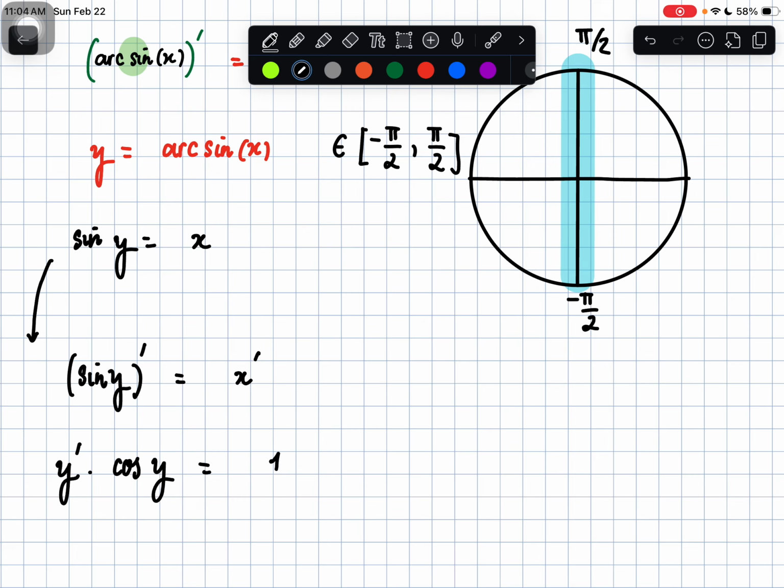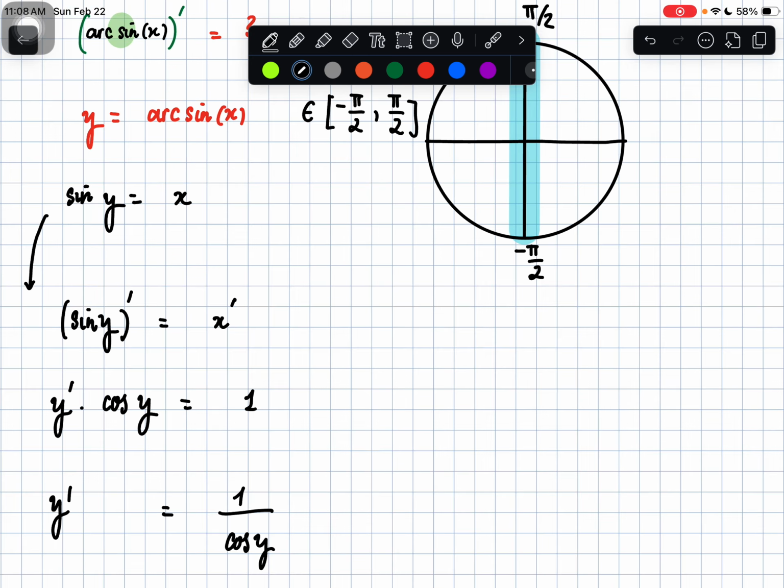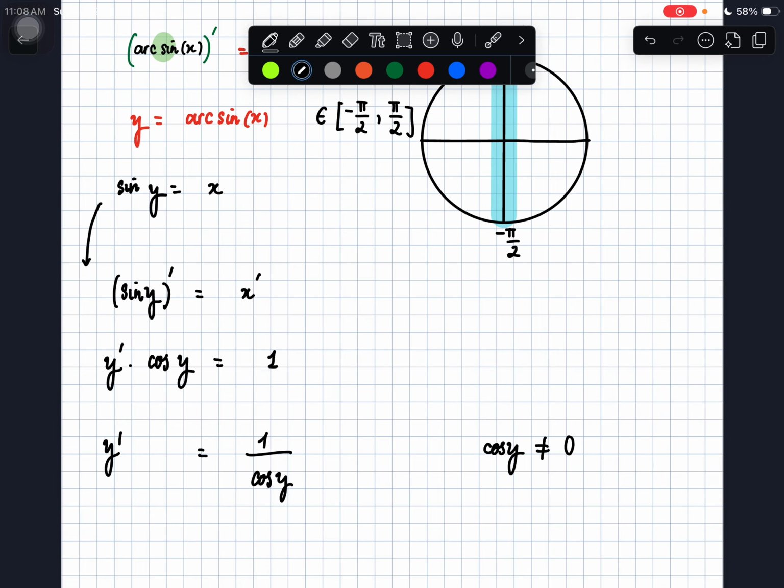And x prime equals 1. So this means that y prime equals 1 over cosine of y, where cosine of y is different from 0, so y is not minus pi over 2 or pi over 2.